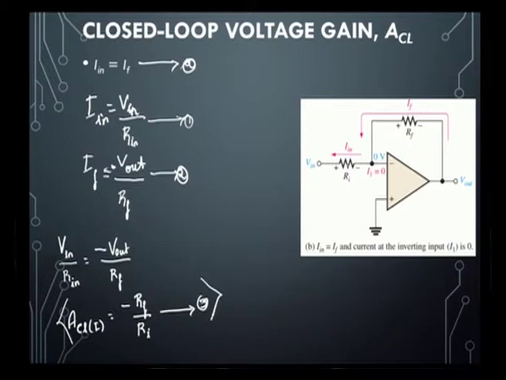We can observe the closed loop inverting amplifier gain is the ratio of feedback resistance to input resistance. By changing these two values we can control the closed loop inverting amplifier gain. It does not depend on any output or input voltages here.